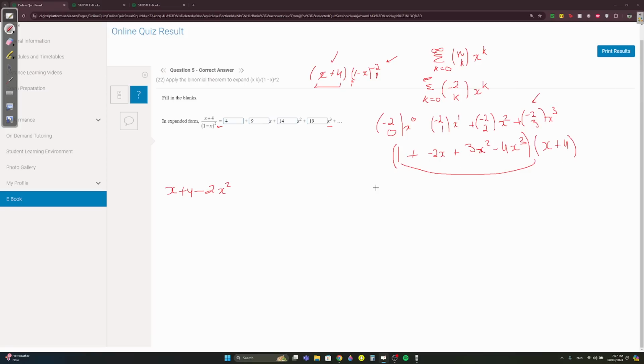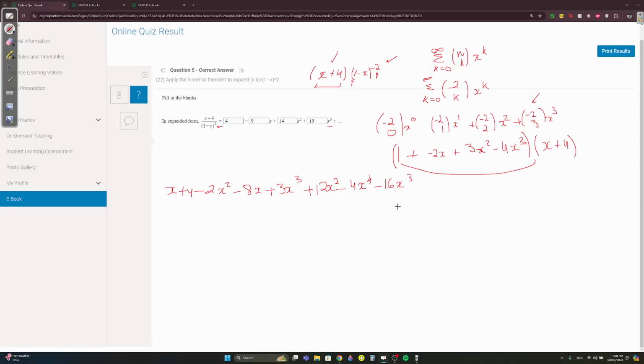Minus 2x times 4, minus 8x. 3x squared times x, 3x cubed. 3x squared times 4, 12x squared. Minus 4x cubed times x, minus 4x to the 4. Minus 4x cubed times 4, minus 16x cubed. Okay.